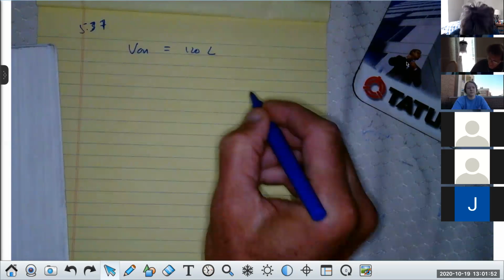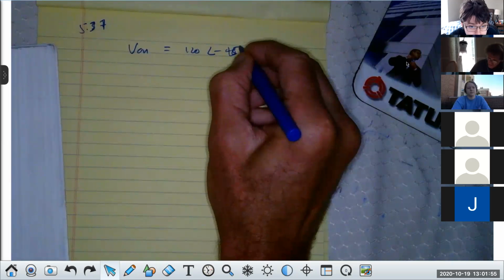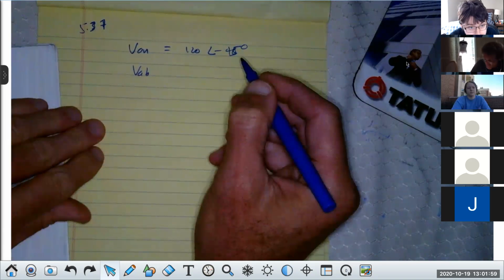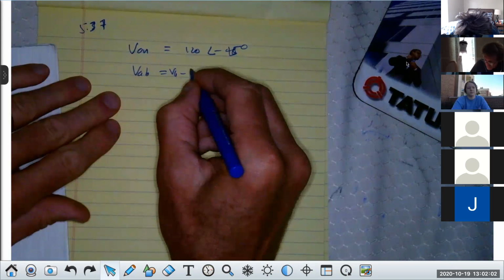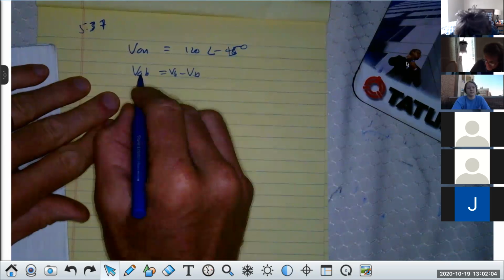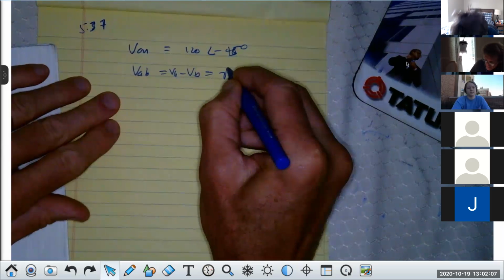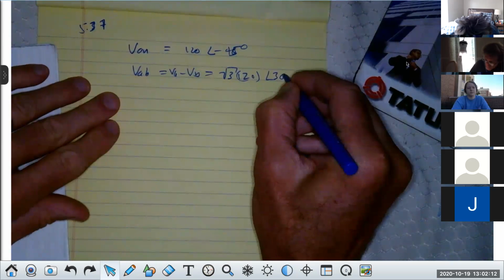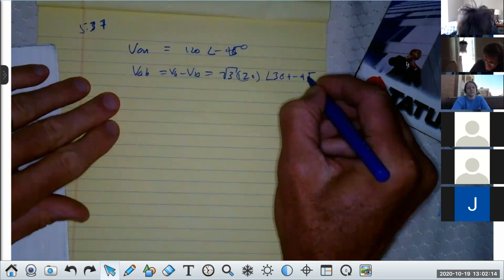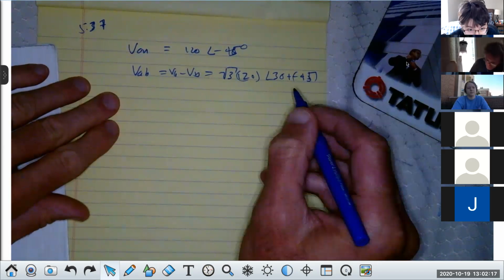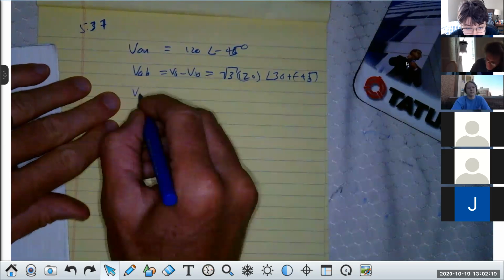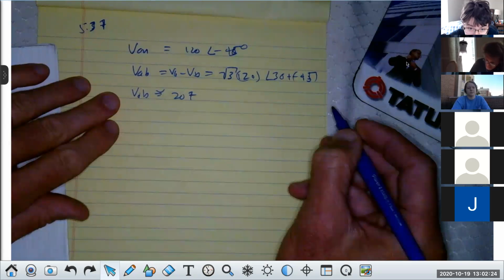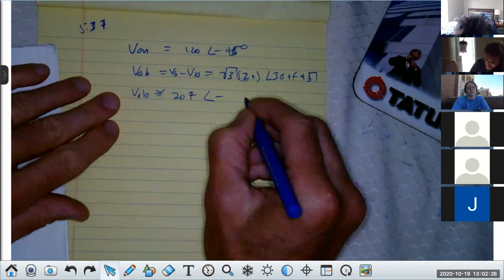To get VAB, the AB line voltage, or VA minus VB, it would be the square root of 3 times 120, and then you would add 30 degrees. So VAB would be equal to about 207. You can check me on that. And it would be at an angle of minus 15 degrees.